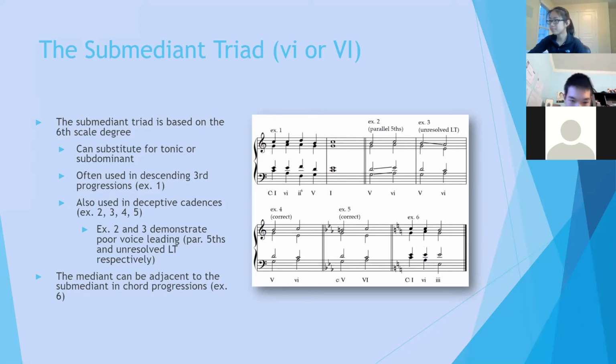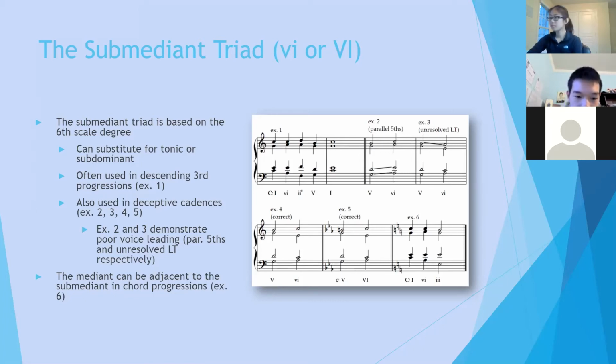So example 2, you can hear the parallel fifths in the bass and tenor, and in example 3, you can hear the leading tone going down instead of going up to the tonic where it's supposed to go.